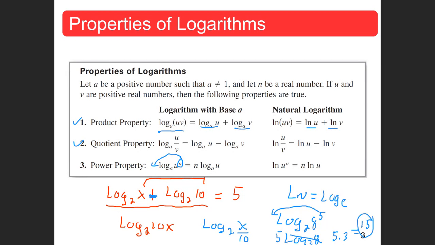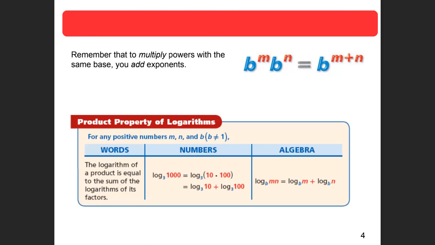So a lot of what we're dealing with this week is the properties of logarithms. These are the 3 properties that you really have to know in order to do this week's assessment. It's just a real quick review of the lesson tutorial that you should have had.